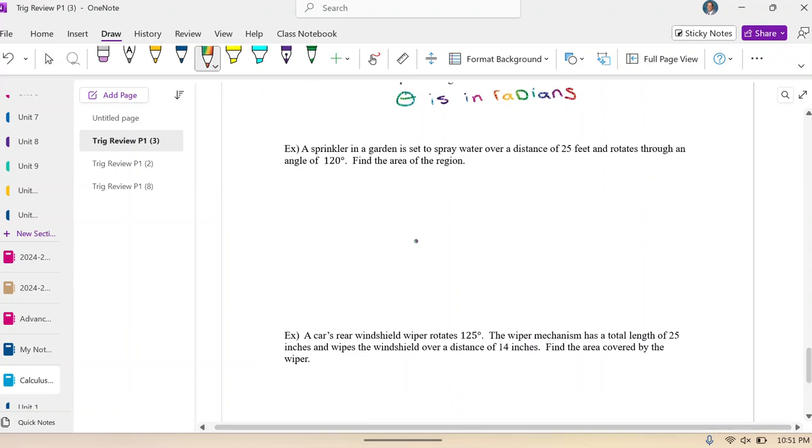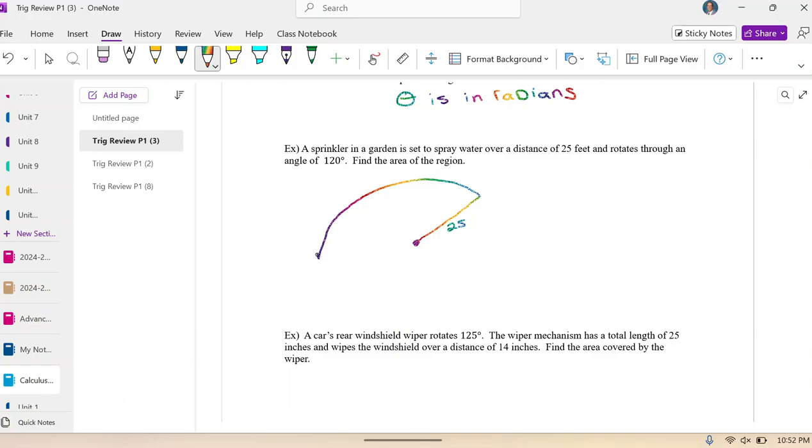The first one, you have a sprinkler, right? There's your sprinkler, and it's set to spray water a distance of 25 feet. So it goes out 25 feet, and then it rotates through an angle of 120 degrees. You want to know what the area is that it sprays.